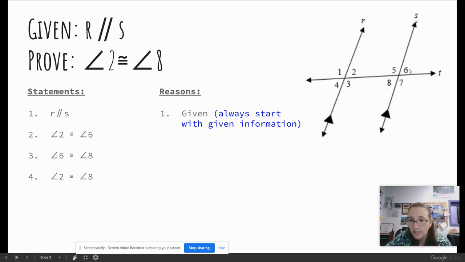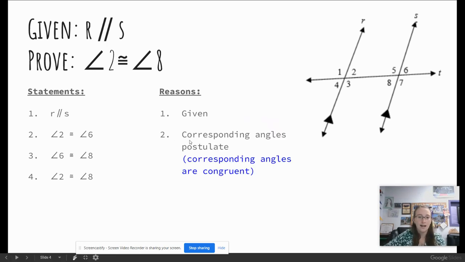If we look at 2 and 6, we should notice they have a special relationship. Within each x, they are in the same position, right? 2 is in the top right corner of this x, and 6 is in the top right corner of this x. So if you recall, these angles are called corresponding, and corresponding angles are equal.